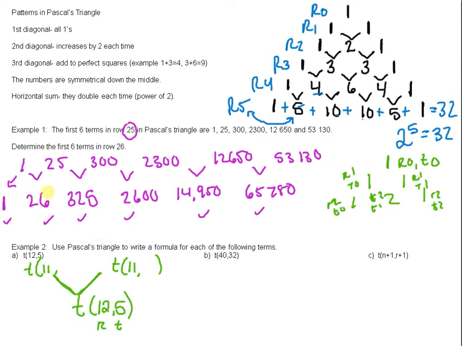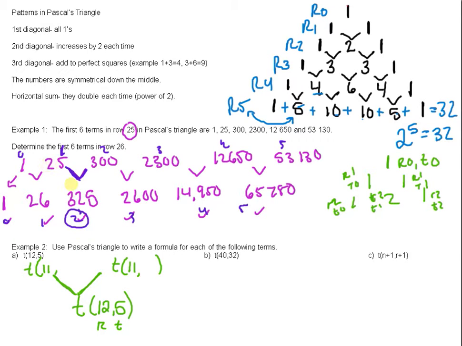Okay, and let's take a look at example 1 just to kind of figure out where this came from. So this is term 0, 1, 2, 3, 4, and term 5. So, for example, term 2 came from 1 and 2.